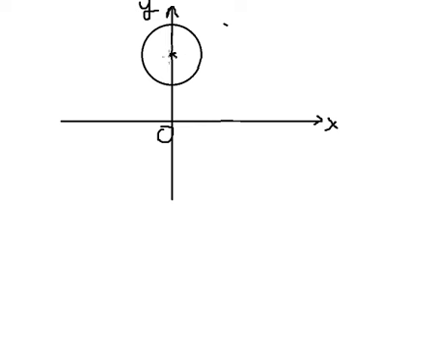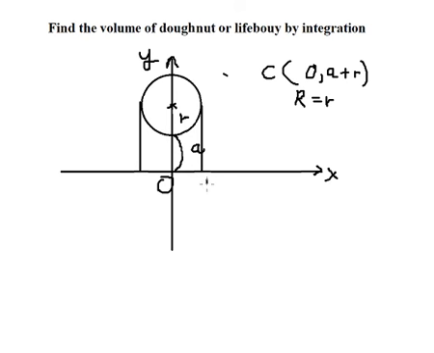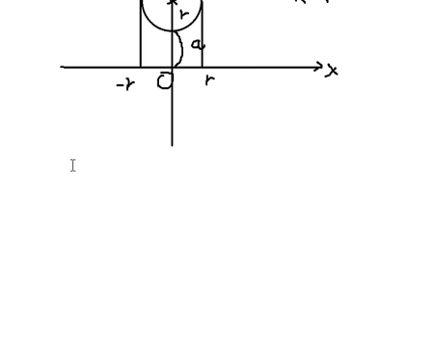We will use R for the radius, and from this point to this point I will put A. So the center of the circle is at 0, A plus R, and the radius of the circle is R. So from this point to this point, we will have positive R here and negative R here.